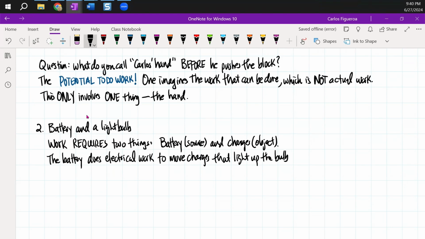So now if I have a battery, you could imagine here that we have a standard battery. It's going to look something like this. The top here is the positive end, and the bottom here is the negative end. So now I have a light bulb.